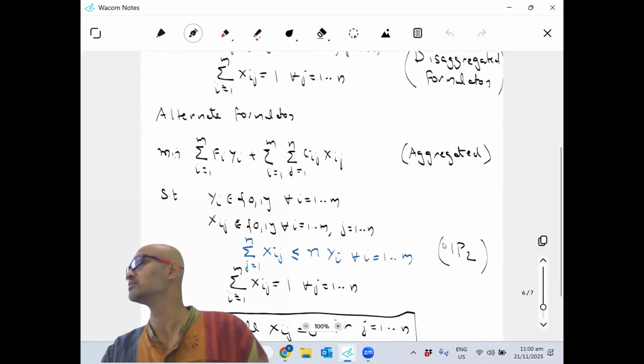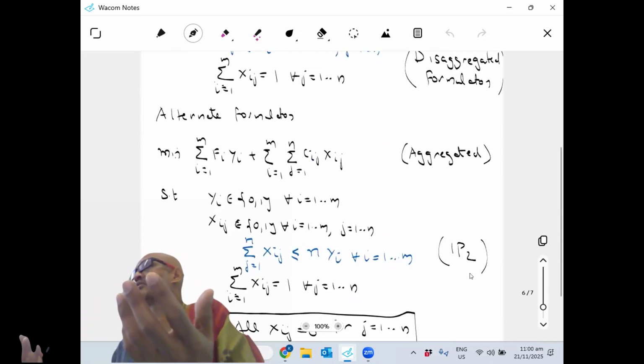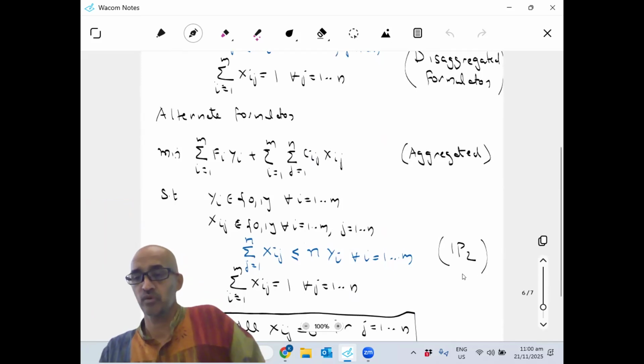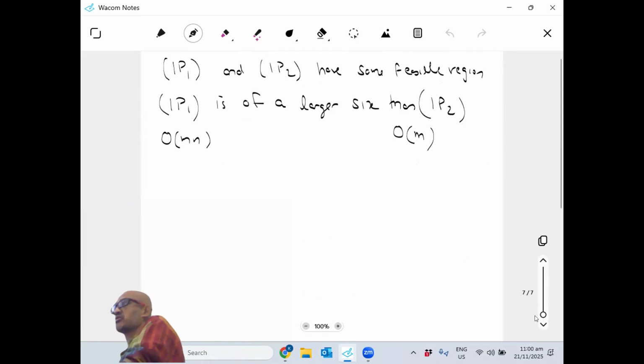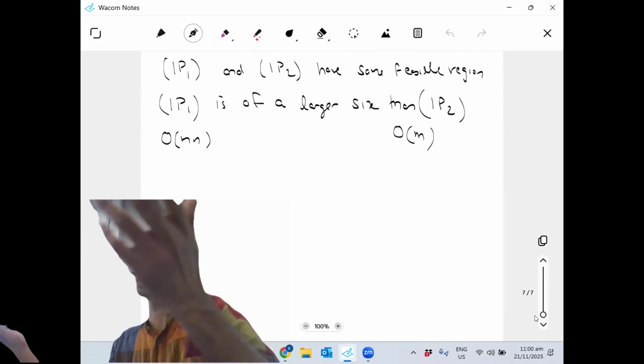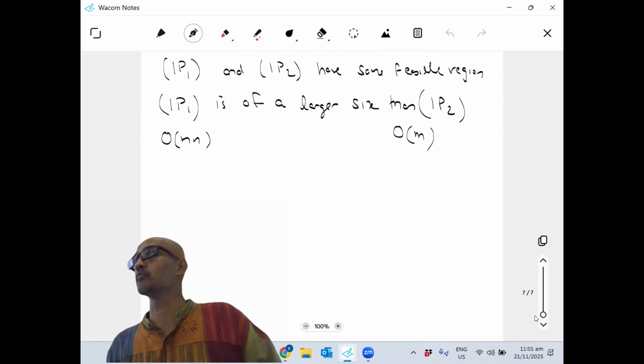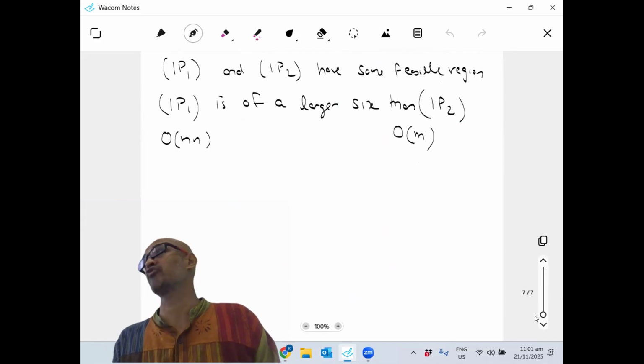Is that clear? So the question is, you might automatically think this means IP2 is a better formulation. IP2 has fewer constraints and the same integer solutions. So maybe I should use IP2. It turns out actually IP1 is a better formulation.